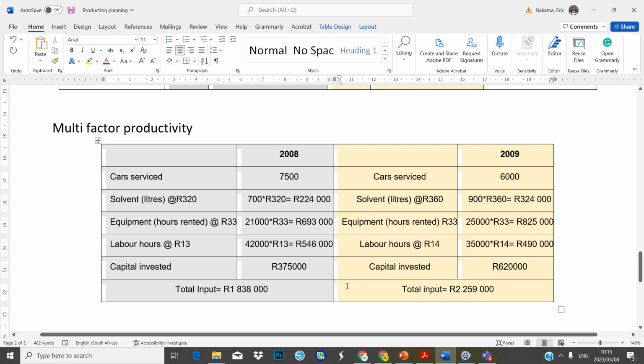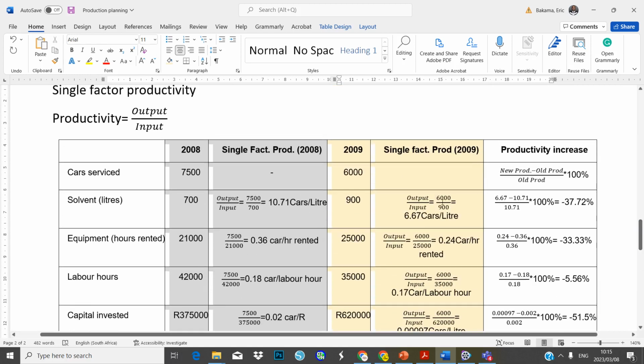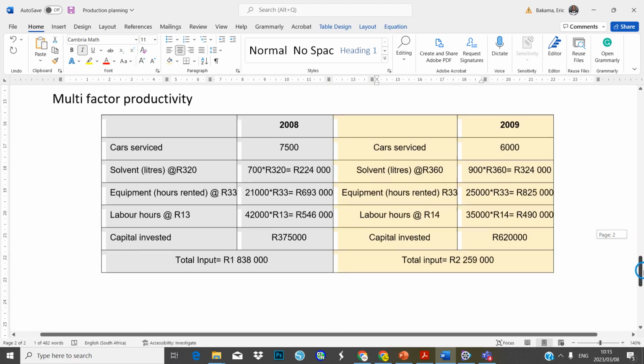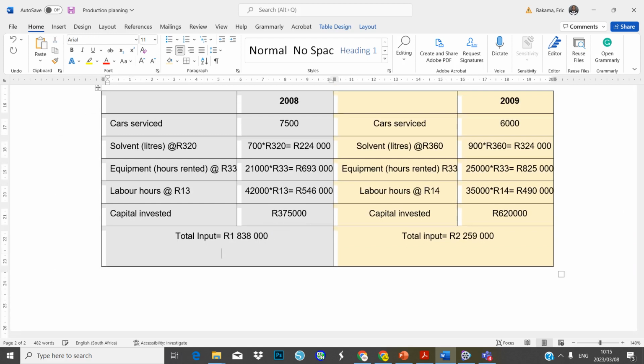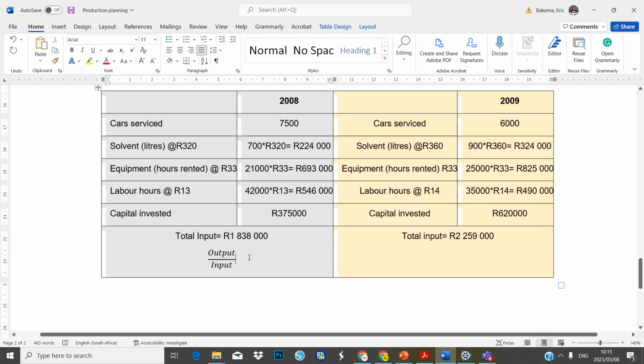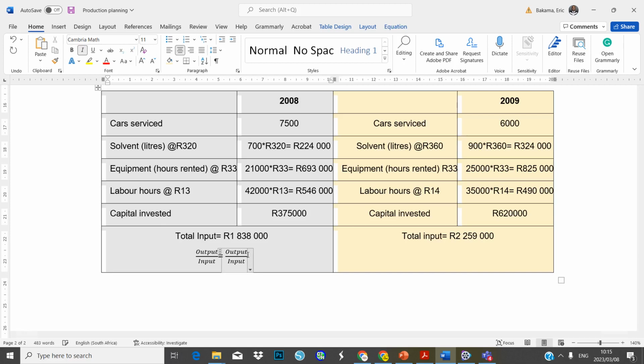Now we can compare. Now we have the total input, then we have the total input for 2019. Now the formula, we come back to the very first formula that we have been using here, the one in terms of the productivity. So the multi-factor productivity here will be the output over the input, and in this case, the company has produced 7,000 cars, yet they have spent almost 1,838,000.